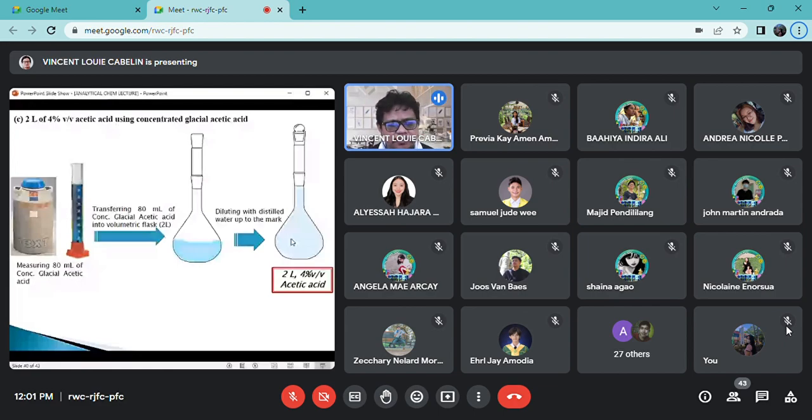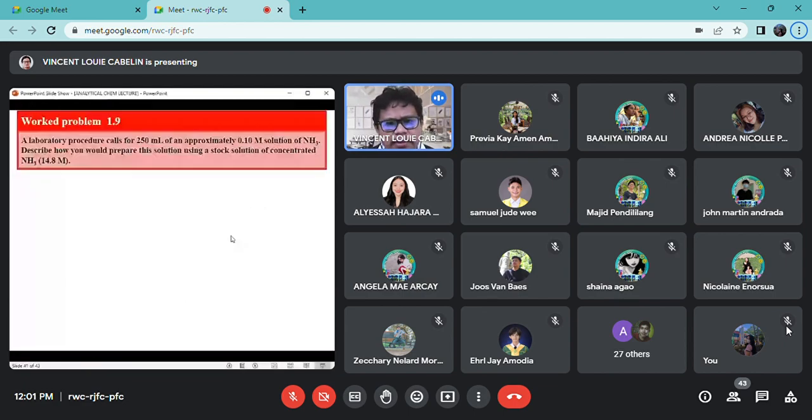And another problem here is a laboratory procedure that calls for 250 ml of an approximately 0.1 molar solution of ammonia, from concentrated NH3 having a molarity of 14.8 molar in the laboratory.